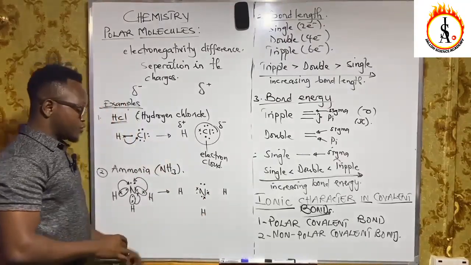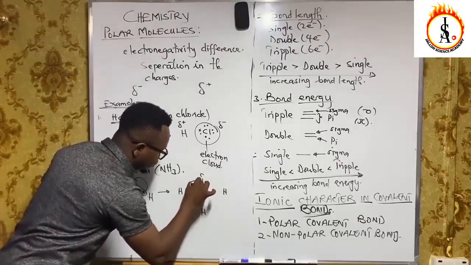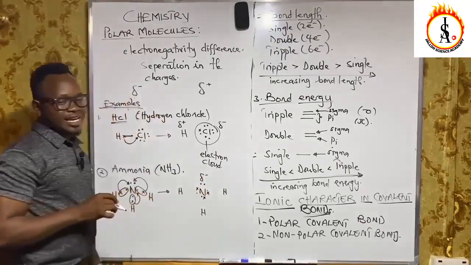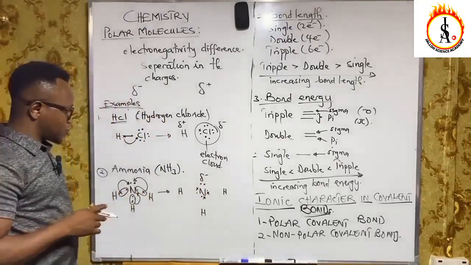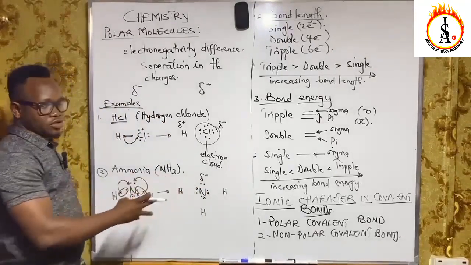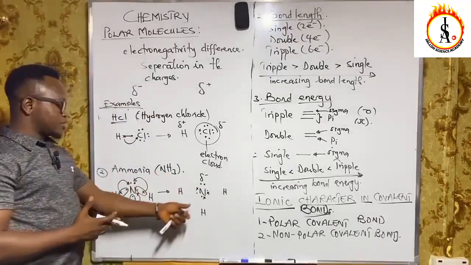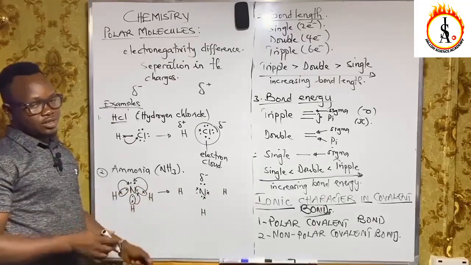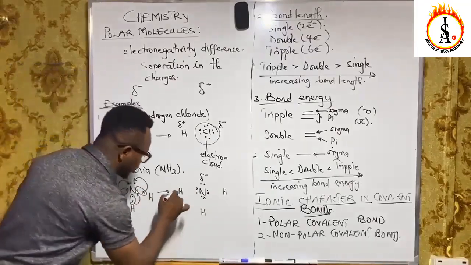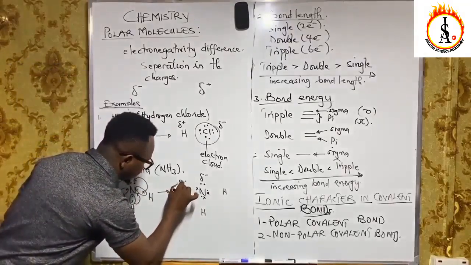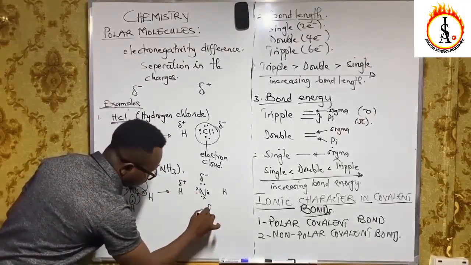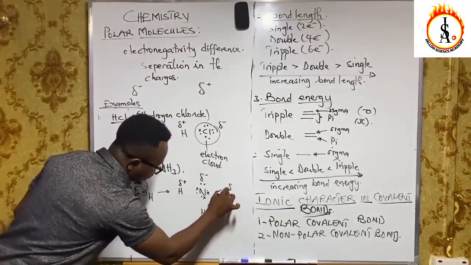So for this reason, the nitrogen is going to get a delta minus charge because the electrons are being displaced towards the nitrogen, because the nitrogen is more electronegative than the hydrogen. So the hydrogen here gets a positive charge, delta plus, delta plus, delta plus.